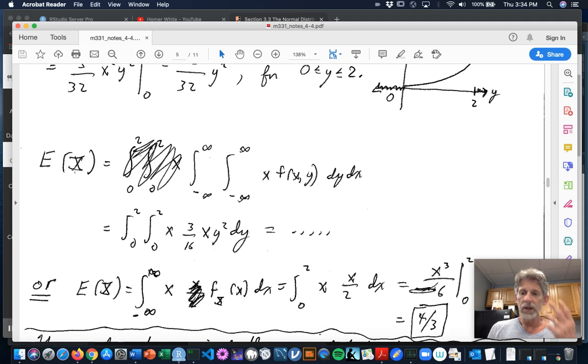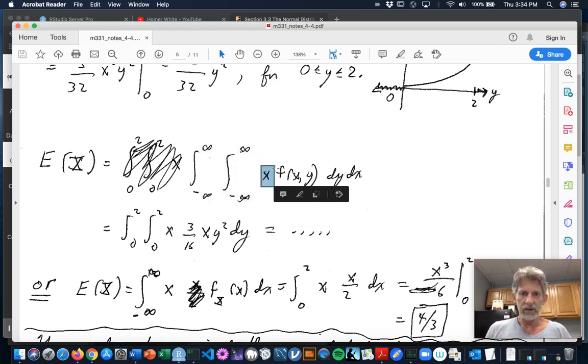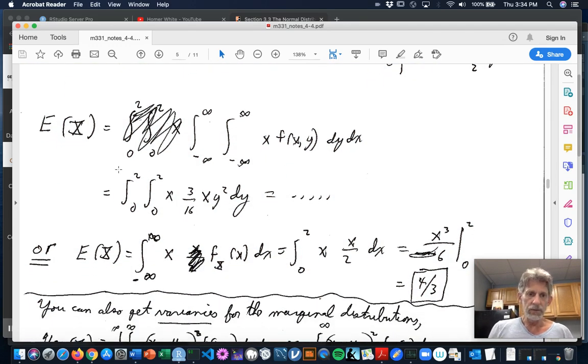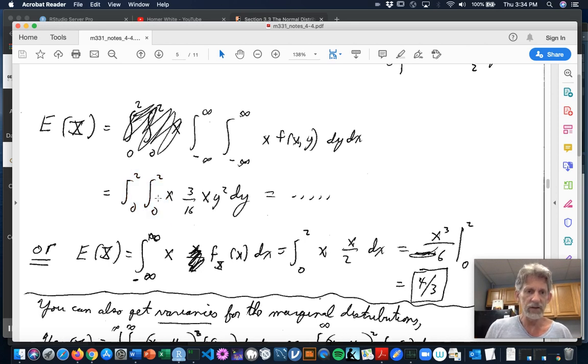If you want the expected value for the x marginal, you just integrate over the whole xy plane x times the joint density. Which of course means that you only have to run x from 0 to 2, y from 0 to 2 in our example, because f is 0 outside of that sample space. X times your PDF.